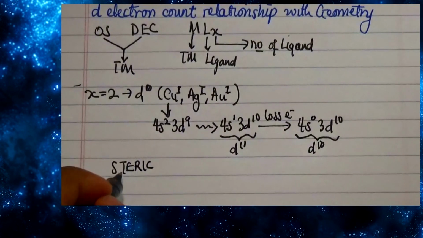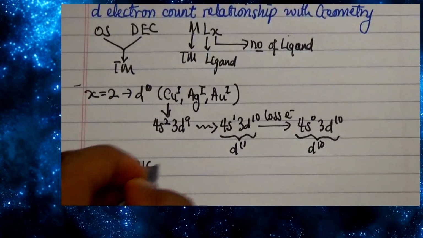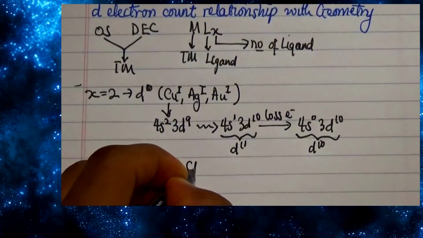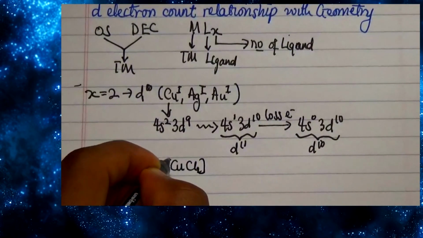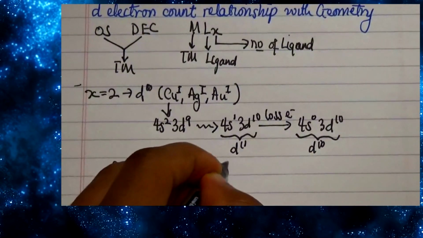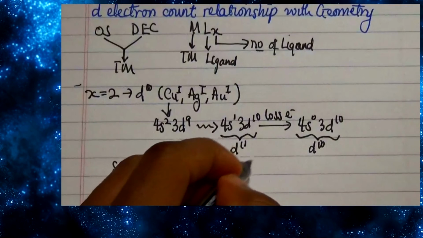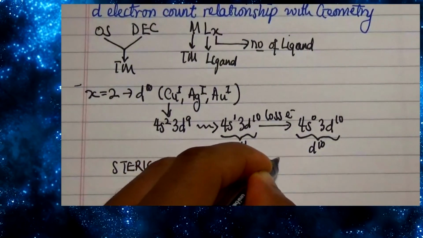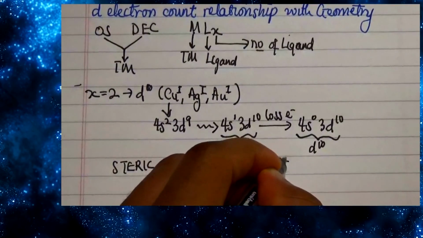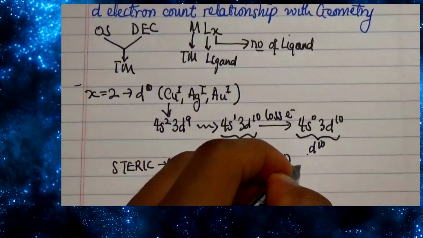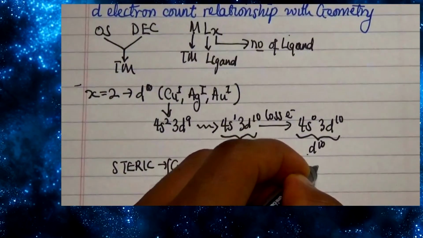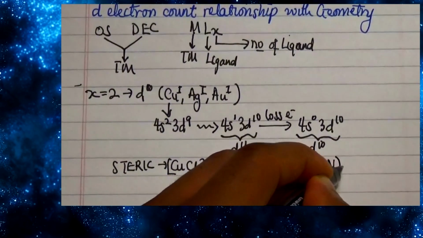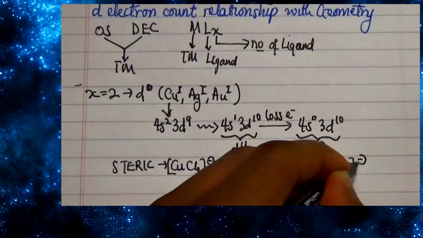Examples are copper chloride, which is negatively charged, silver ammonia with a positive charge overall, and lastly gold cyanide with an overall negative charge.